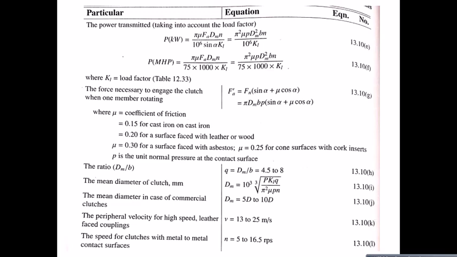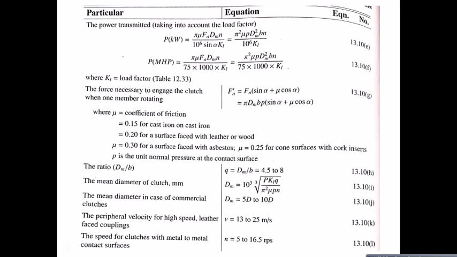Now, the force necessary to engage the clutch when one member is rotating, that is F dash A equal to Fn into sin alpha plus mu cos alpha, or you can use the equation pi dm bp in bracket sin alpha plus mu cos alpha.